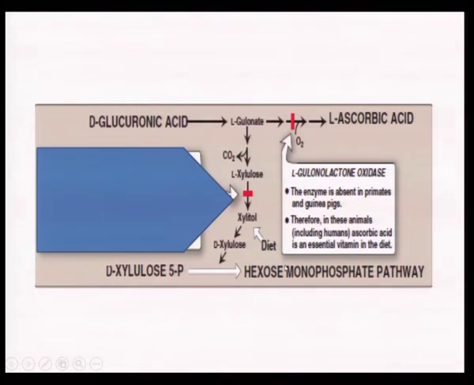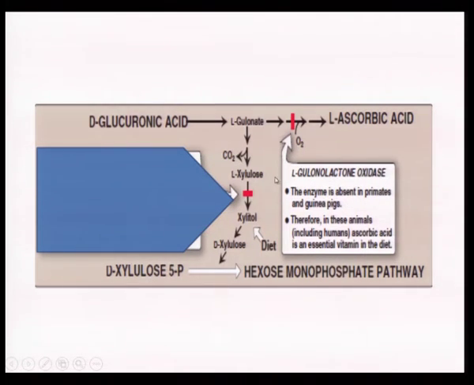So you have the dietary supplement where you have the xylitol being formed from L-glucuronate via the pathway of decarboxylation, where we have L-xylulose which becomes xylitol, okay, and then finally the D-xylulose gets phosphorylated to form D-xylulose 5-phosphate.